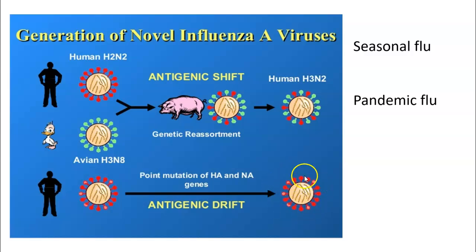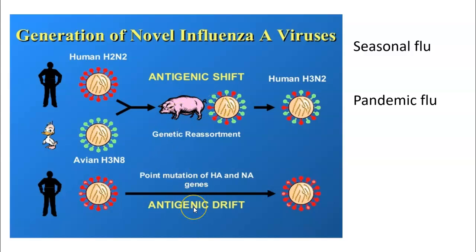So a lot of people can get sick from these seasonal flus, but in the case of the antigenic shift, this could make an influenza that nobody has ever seen before. So it can spread like crazy.